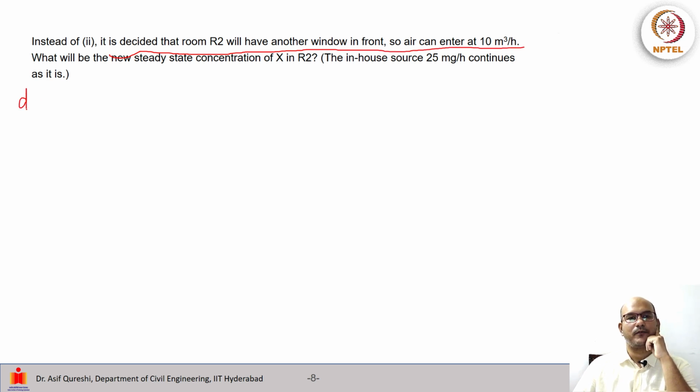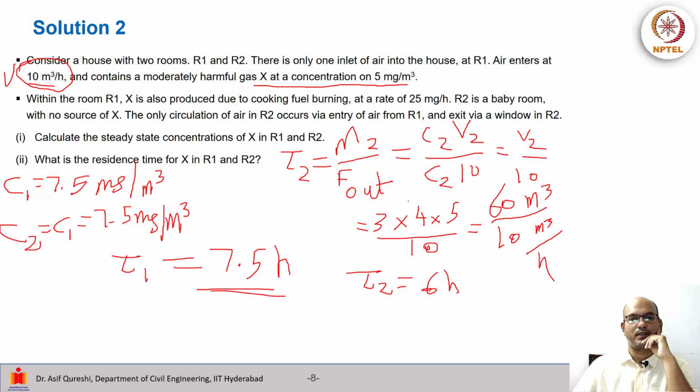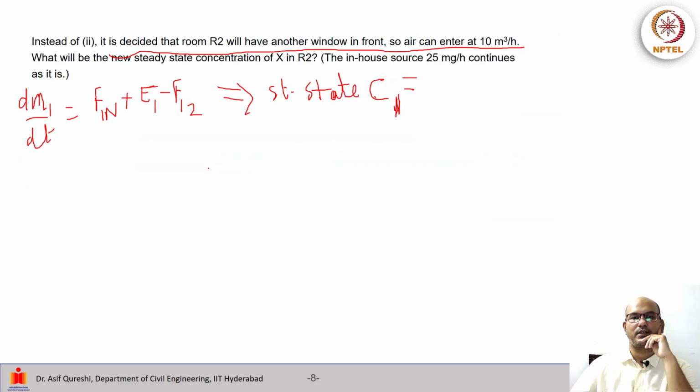So our dm1 by dt equation, which was F in, here the changes are only happening in room 2. So the dm1 by dt equation remains unchanged. At steady state we will have the same C1, equal to 7.5, as we derived earlier, because there is no change in that equation.